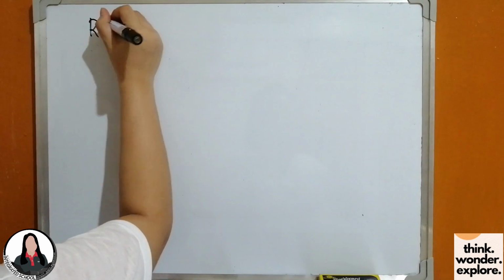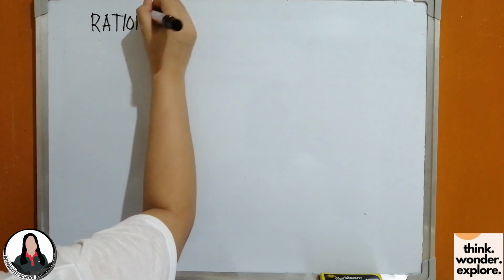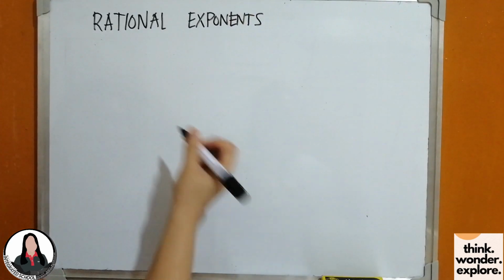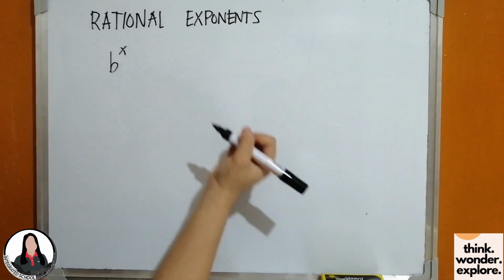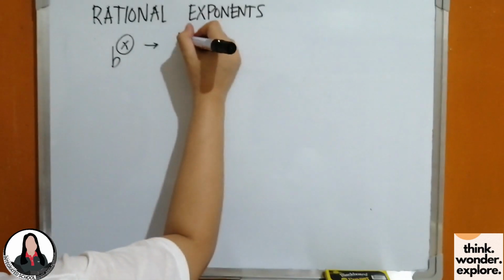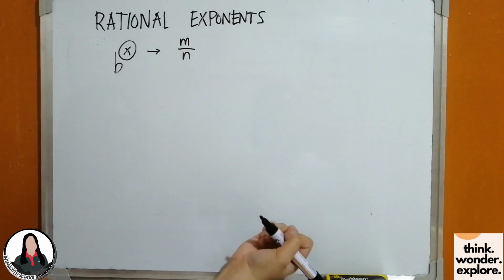Now, let us understand what is the definition of rational exponents. An exponential b raised to x is said to have a rational exponent if that exponent x can be written in the form of m over n.